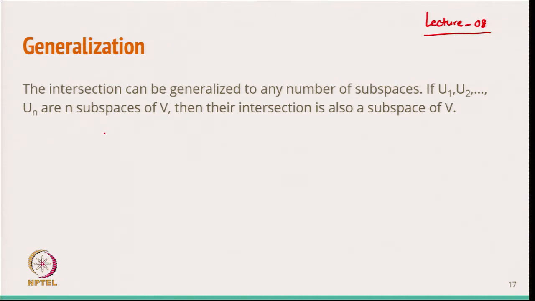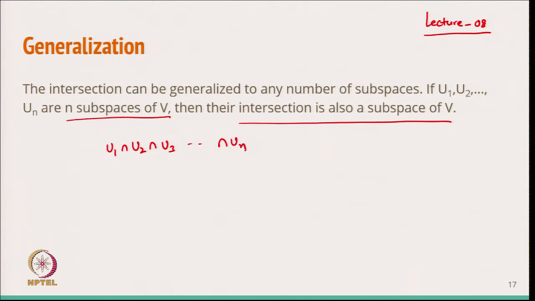In this case also we have U1, U2 up to Un, the n subspaces of V, then their intersection is also a subspace of V. So I can say that U1 intersection U2 intersection U3 up to Un, taking the intersection of all the n subspaces, is also a subspace of V. The proof is similar: you take one element, two elements, and show that their vector addition and scalar multiplication belong to this one, the same way we have done, and then we can show that it is a subspace of V.